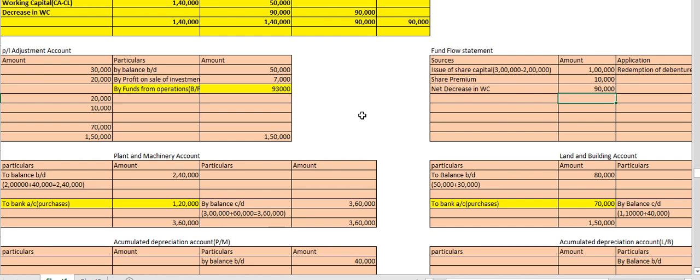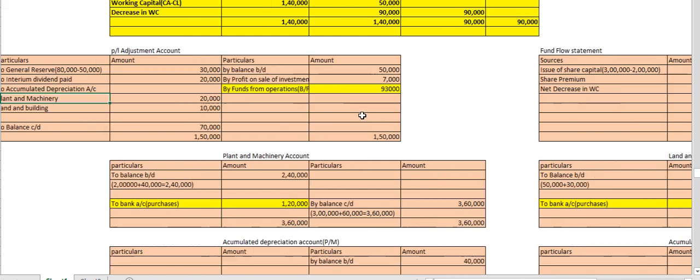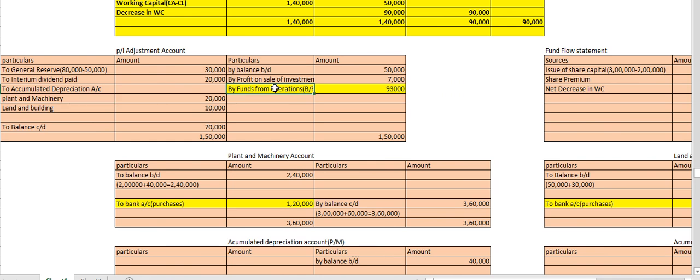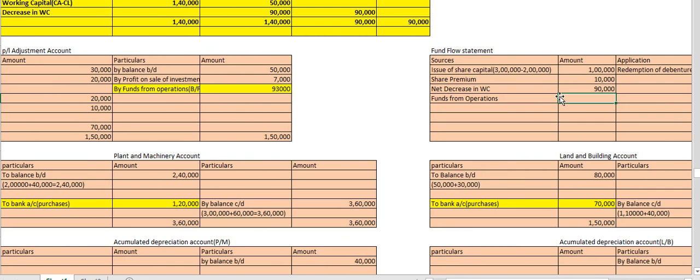Next, moving on to the profit and loss adjustment account, wherein funds from operations is 93,000, which will again be shown as sources of funds. So the same amount itself we are showing.